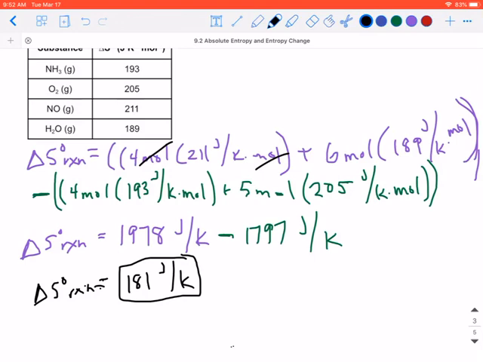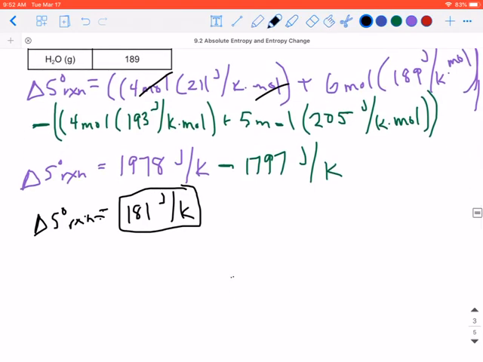So now what does this positive entropy mean? This time our entropy increased.